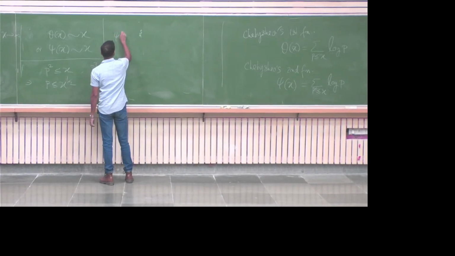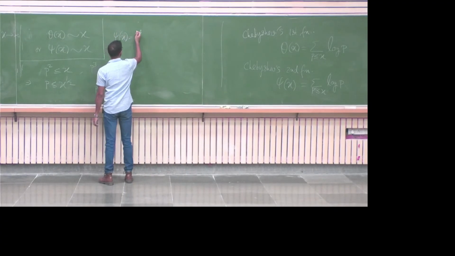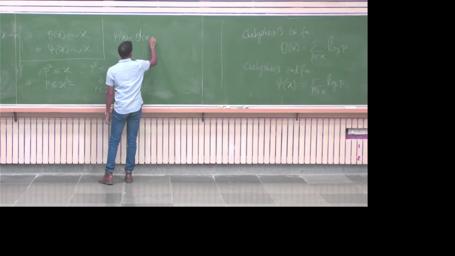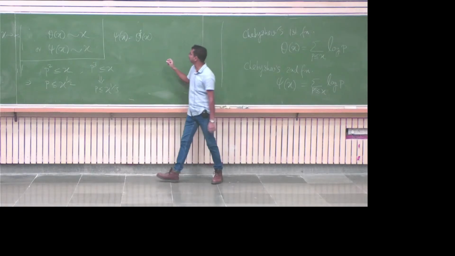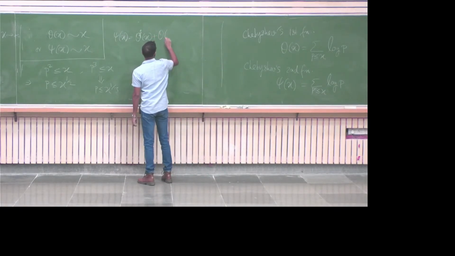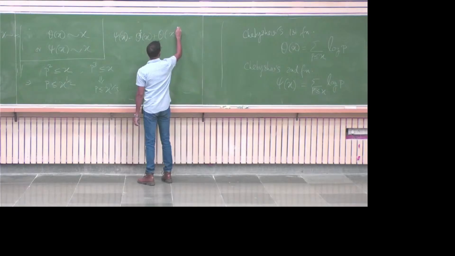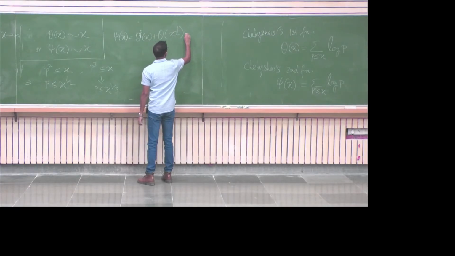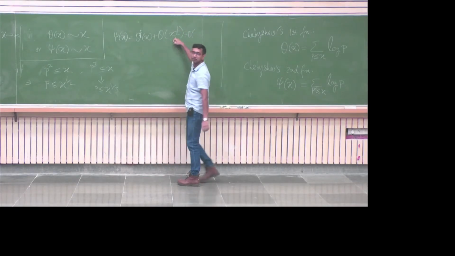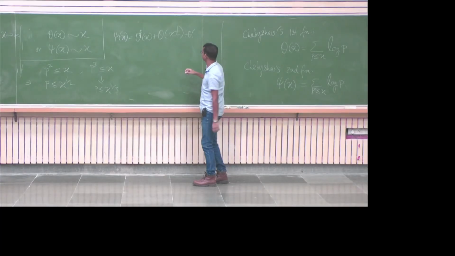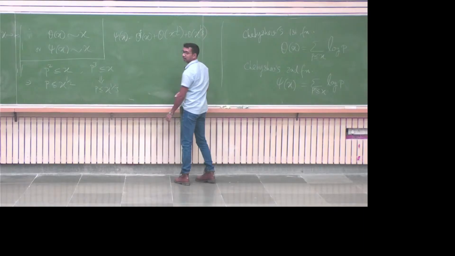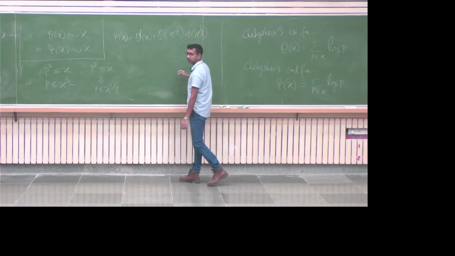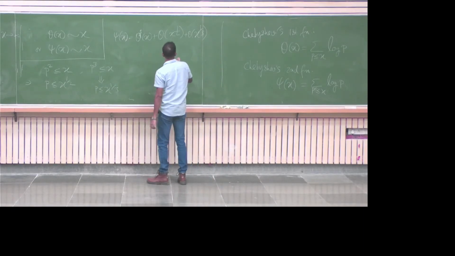So in other words, psi of x is not only theta of x, that is, you are not only summing over the primes which are less than or equal to x, but you are also summing over theta of x to the half, because you are considering p squares which are less than or equal to x, and theta of x to the 1/3, primes whose cubes are less than or equal to x, and so on.